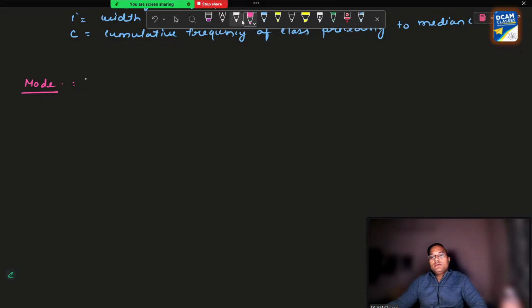What is mode? Mode is that variable which has the maximum frequency. For normal data, it will be easy to calculate. But for grouped data, I'll give you the formula.